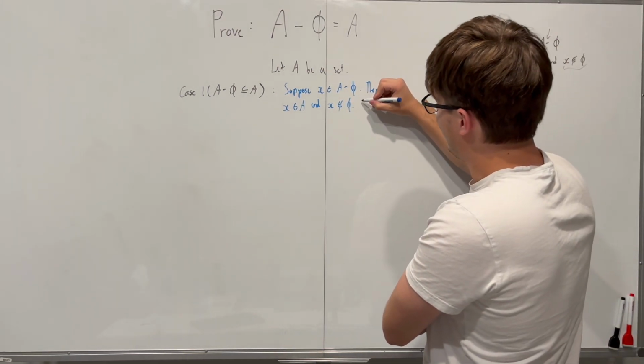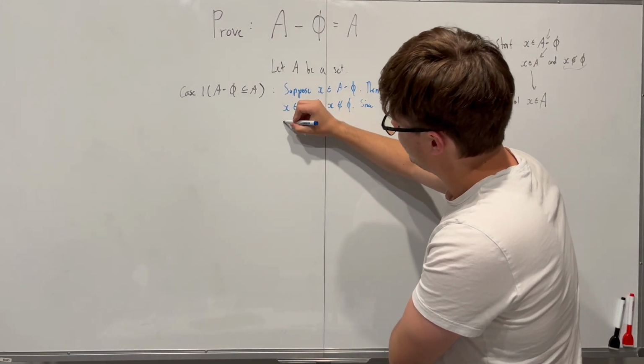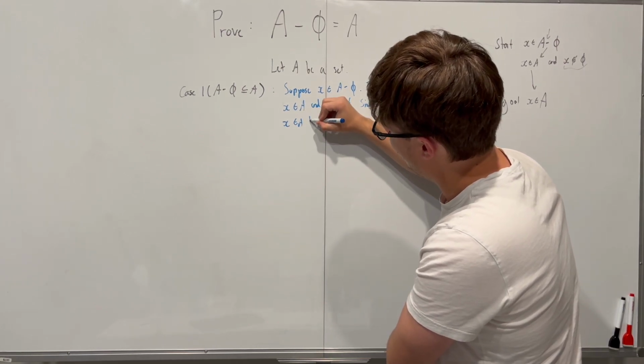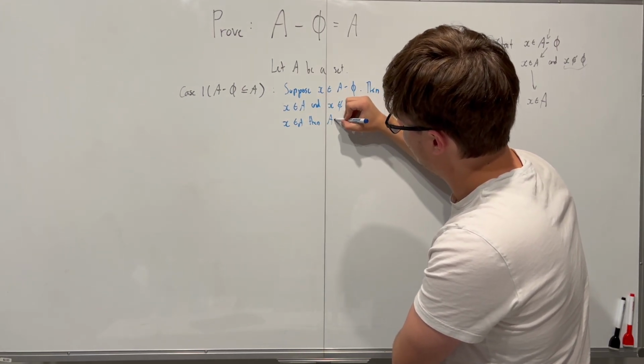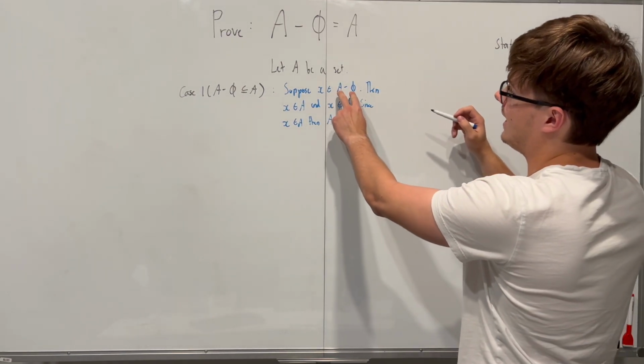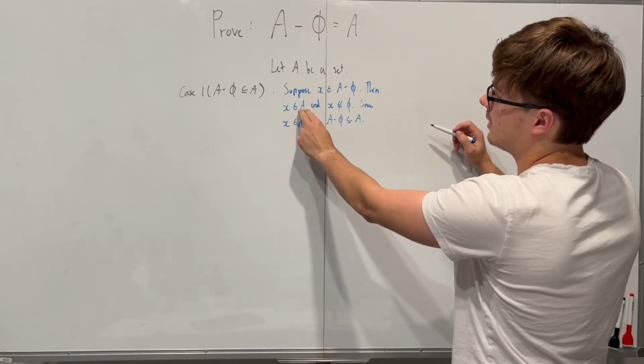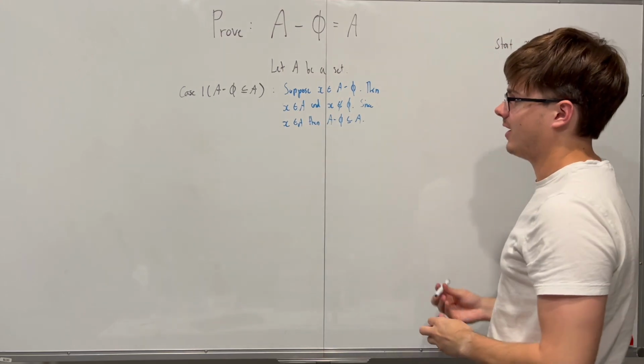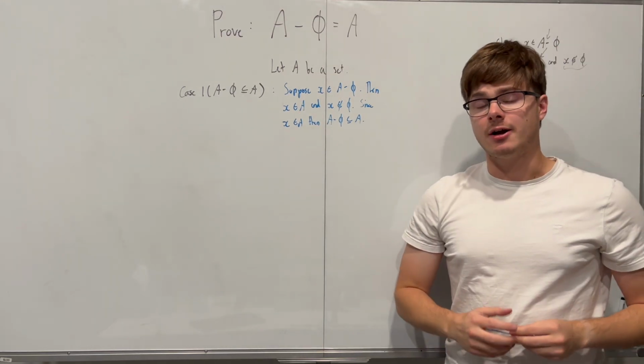And now we can say that since x is an element of A, then of course A minus the empty set is going to be a subset of A. We've shown that any element here is going to be here, which makes this a subset of that. Fantastic. All right, let's try our second case now.